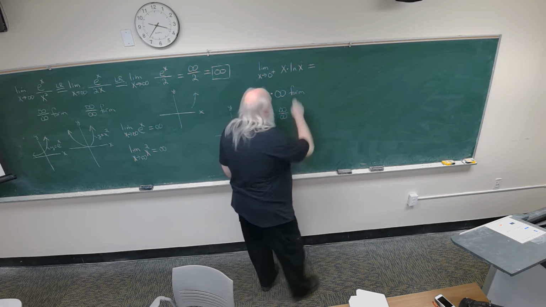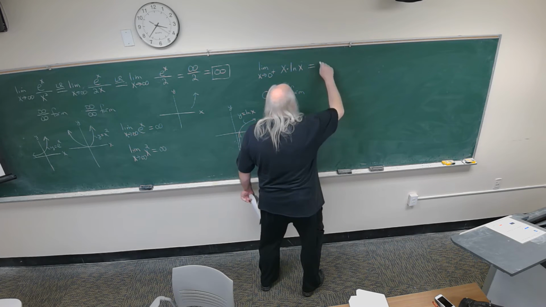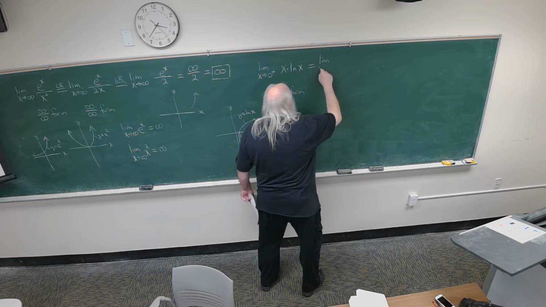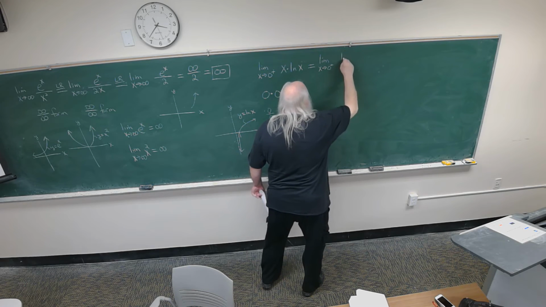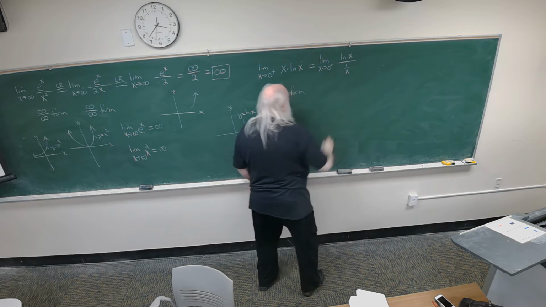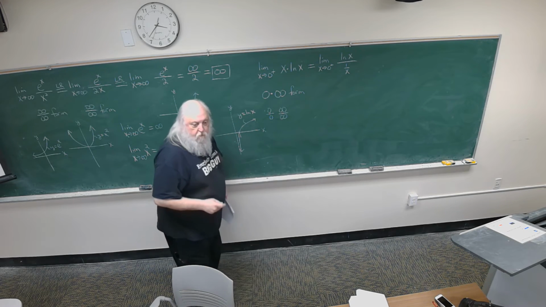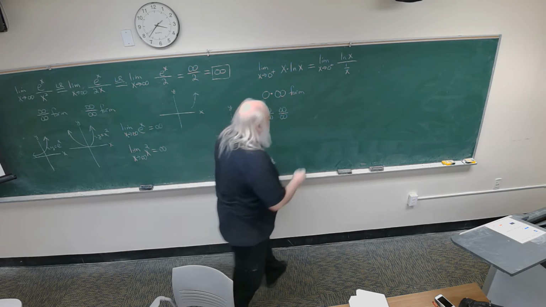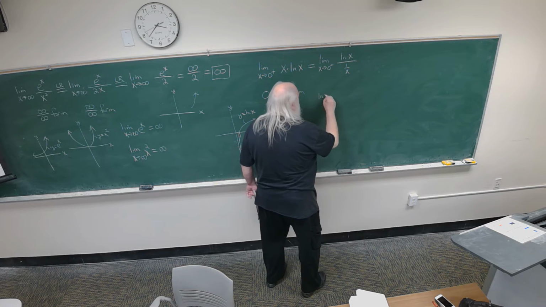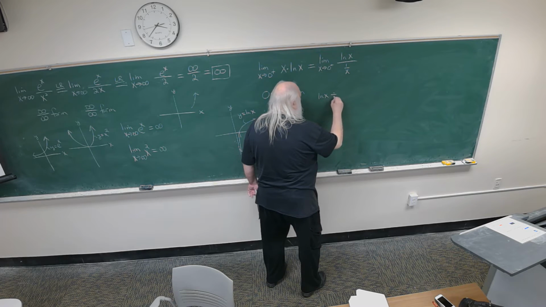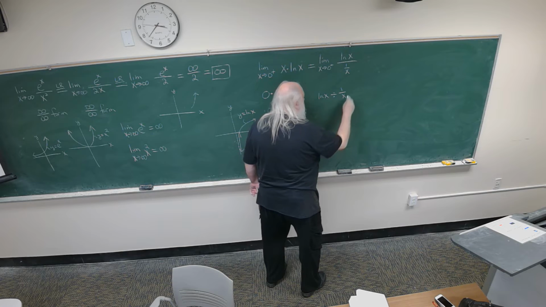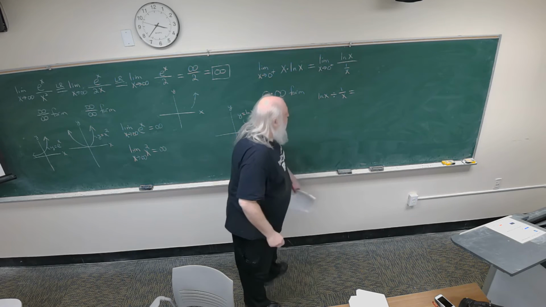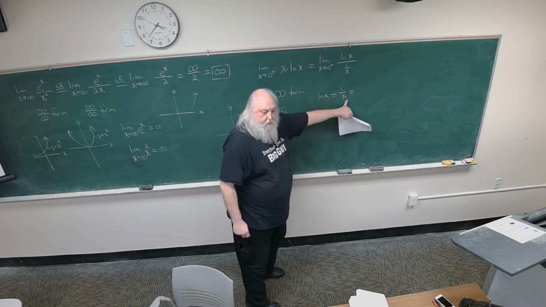Well, fortunately, we can rewrite x times the natural log of x as the natural log of x divided by 1 over x. You can write it as a complex fraction. Remember, when you do division with fractions, you keep, switch, flip.